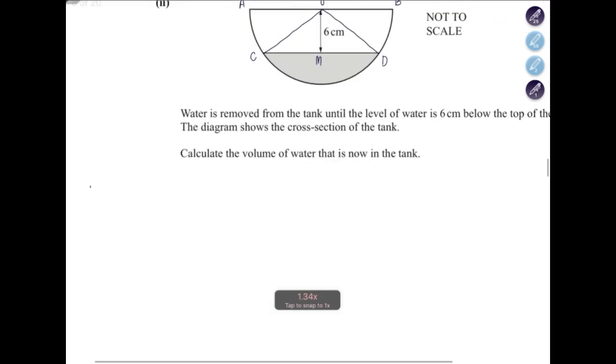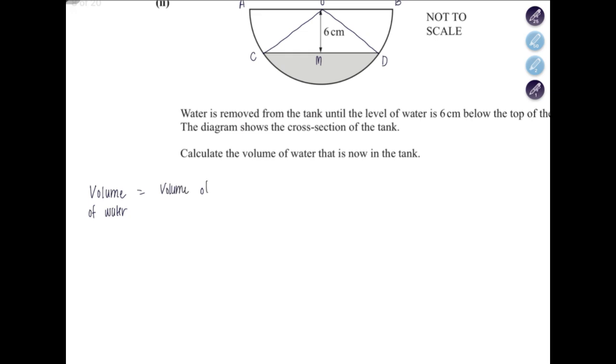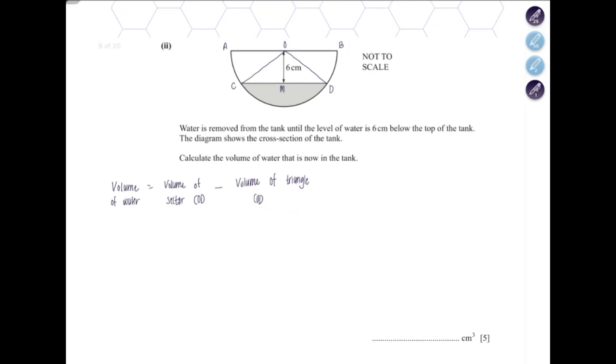So the formula will be volume of water equals volume of sector COD minus volume of triangle COD. Now how do you find the volume of these? We just write area.